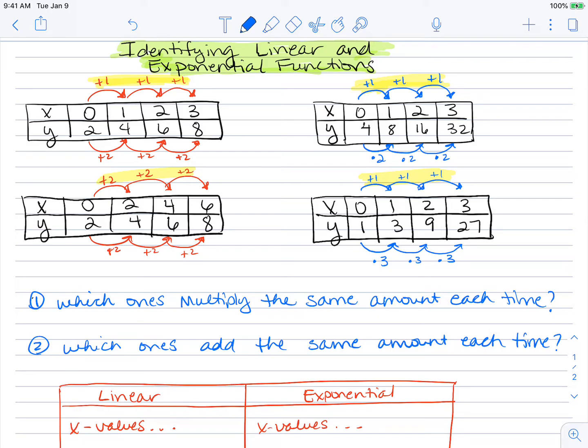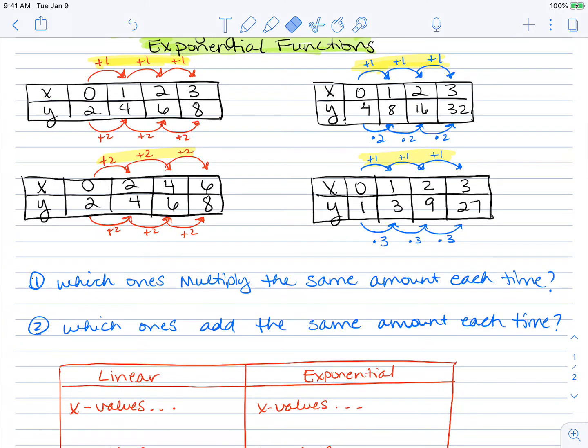So I'm going to write that down and say, well, I noticed this. I noticed that my x values add the same. Oh, wait, I should put this down here. So my x values add the same, right? Which ones add the same?